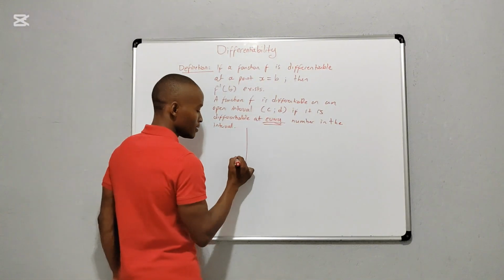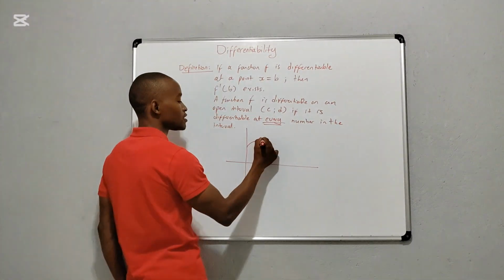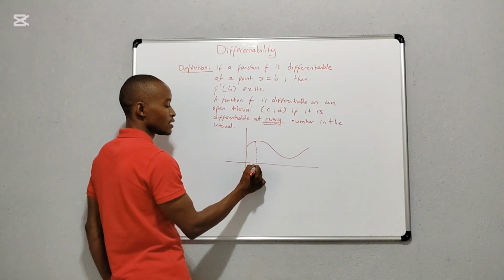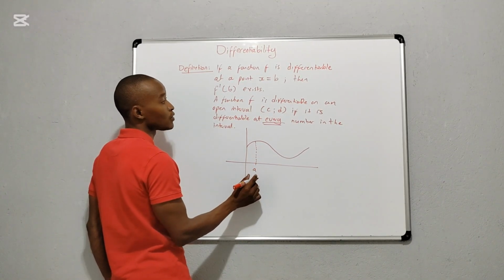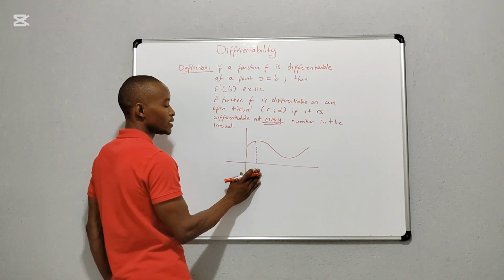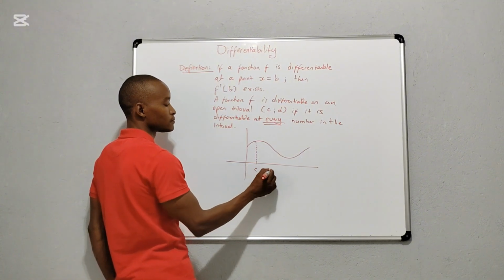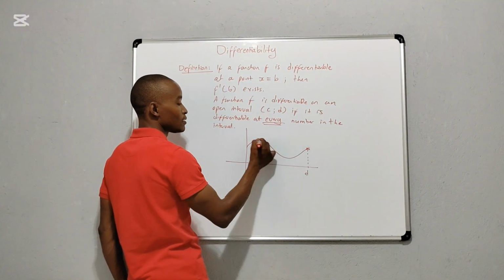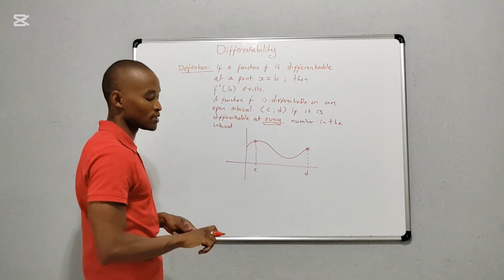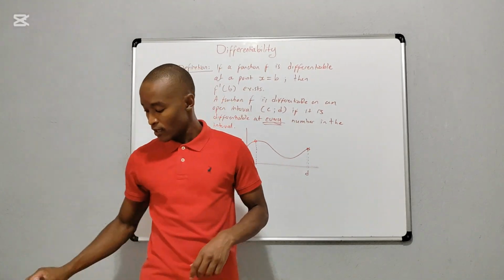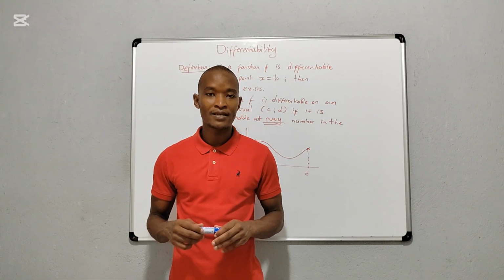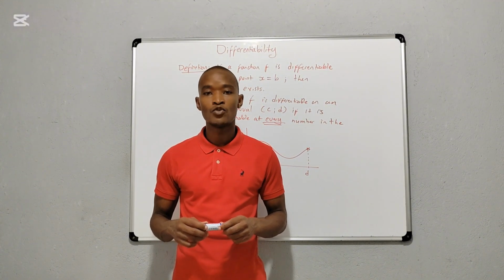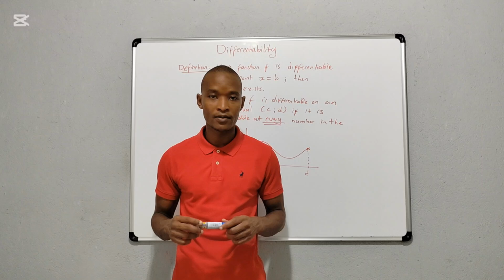Okay, let us use a sketch to talk about what we are saying here. Let's call that our open interval CD, okay? You'll recall that we have interacted with derivatives before under first principles, and also when we did rules of differentiation, okay?